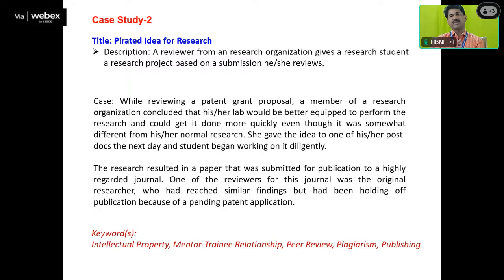So he gave the idea to one of the students, and the student really quickly did the work, and they sent the publication. And incidentally, that publication went to the person who had actually submitted the patent. So that has been reviewed, and this whole thing has come to light.